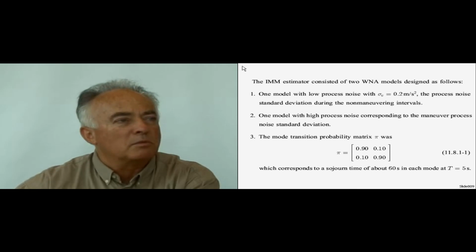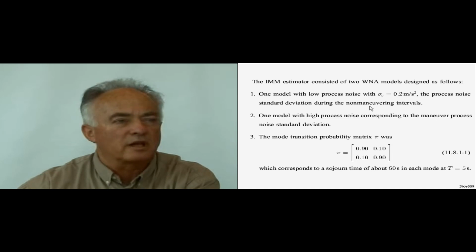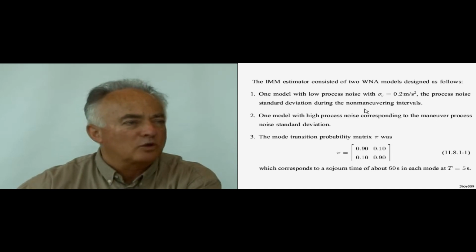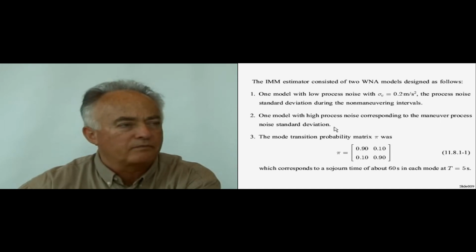The IMM estimator had 2 white noise acceleration models. One was with a low process noise, which is the same as what the non-maneuvering intervals had. The other was using a high process noise corresponding to the maneuver process noise standard deviation.